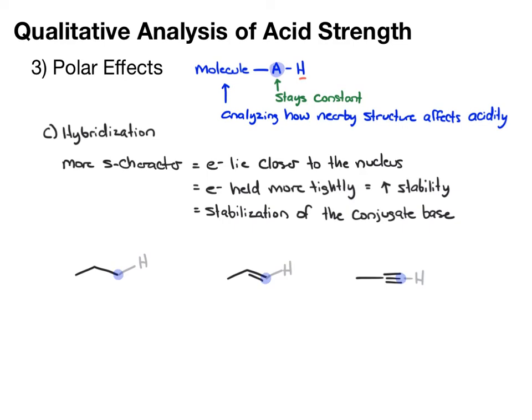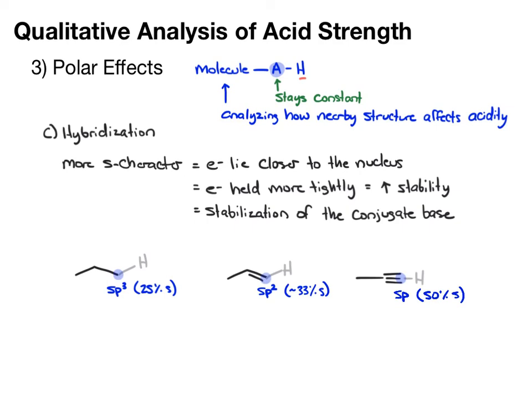But if we think about its hybridization, in the alkane, that carbon is sp3, which means it's 25% S character. In the alkene, it's sp2, meaning it's about 33% S character. And then in the alkyne, it's sp, meaning it's 50% S character.